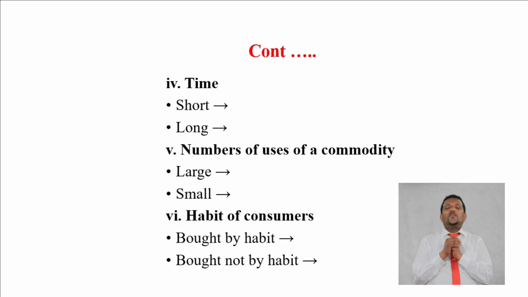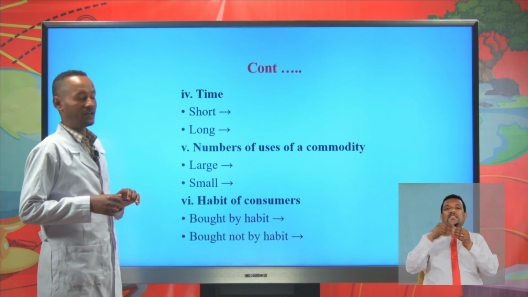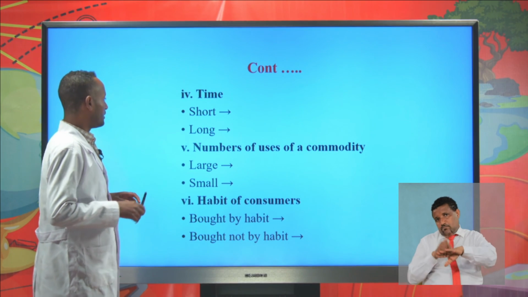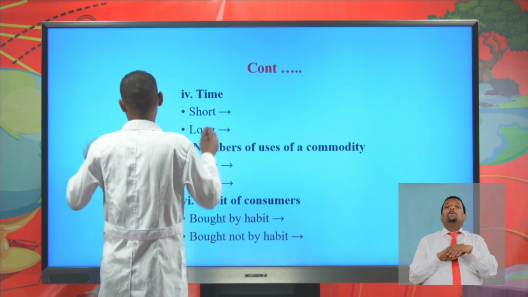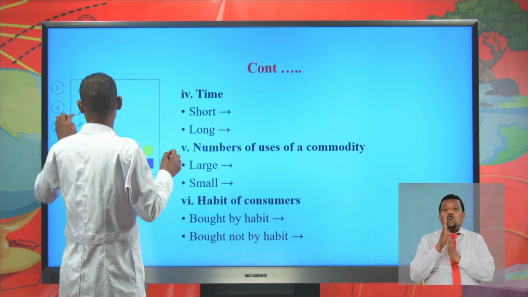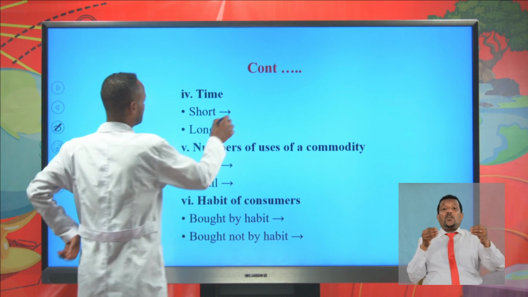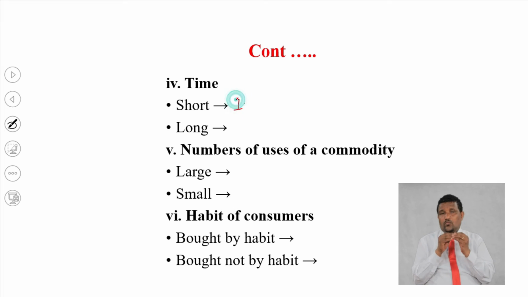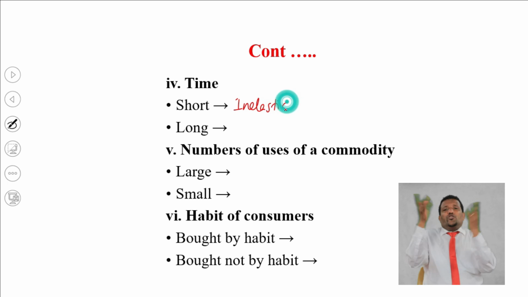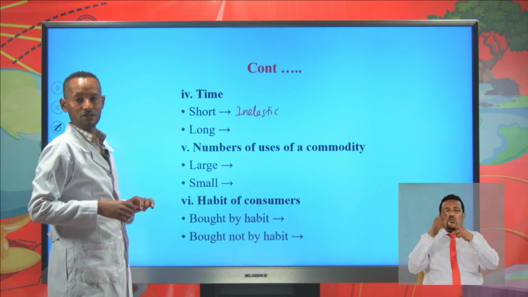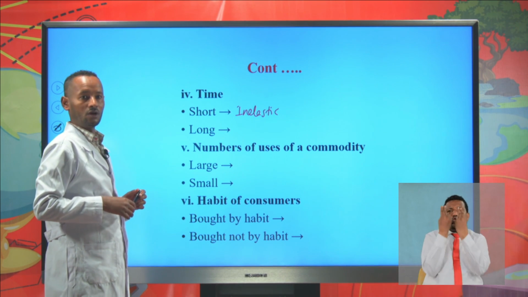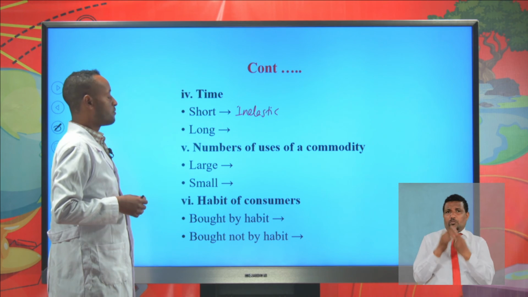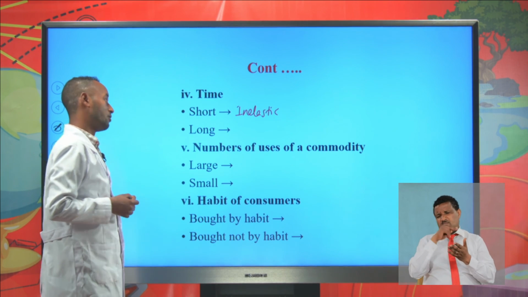Okay, another determinant of the price elasticity of demand is time. In a short period of time, demand for a good tends to be more inelastic. Because we don't have a choice in the short period of time, since we cannot adjust our consumption or postpone our consumption, we will be careless about changes in the price of a commodity.